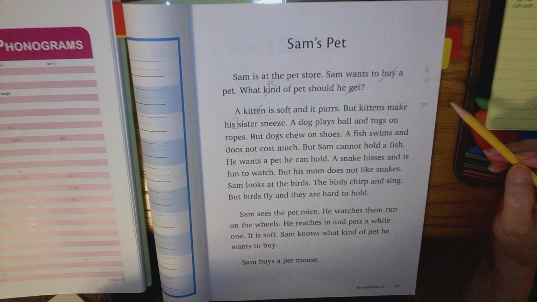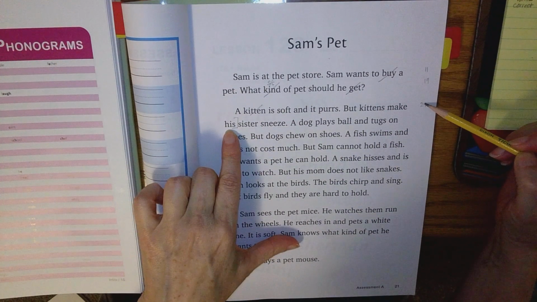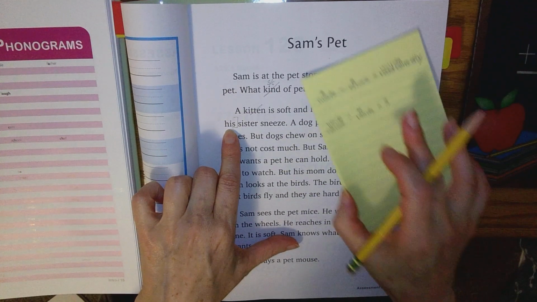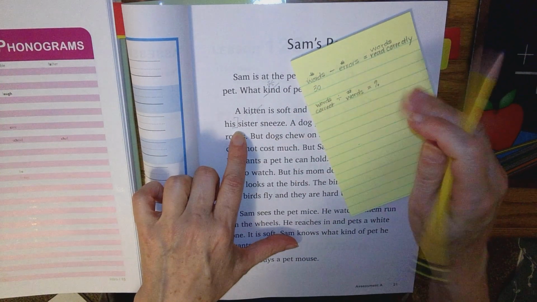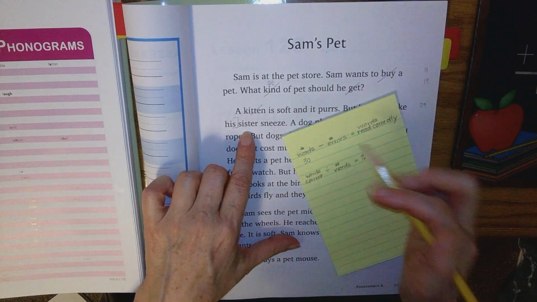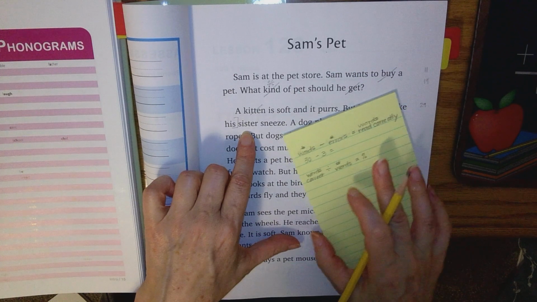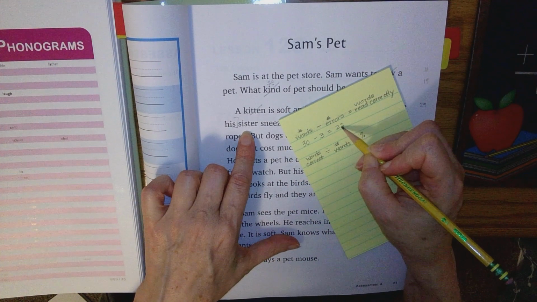So I have written over here just some numbers so I can see where we're at. My pretend child here read 30, there was 30 words, and they had 3 mistakes, 3 errors. And so the number of words read correctly is 28.